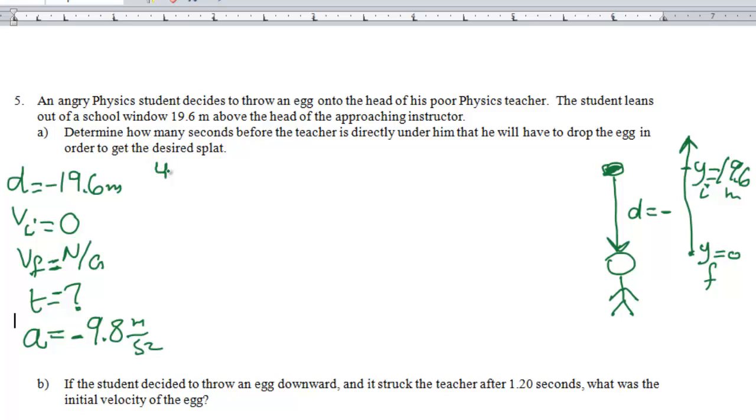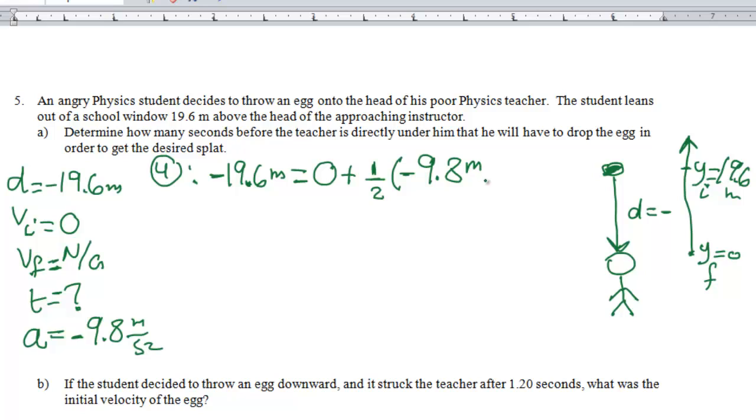So if you go ahead and apply equation number 4, displacement, which will be negative 19.6 meters, is equal to V initial times time, and this part will be 0 since the initial velocity is 0, plus 1/2 a t squared. So plus 1/2 times negative 9.8 meter per second squared times t squared.